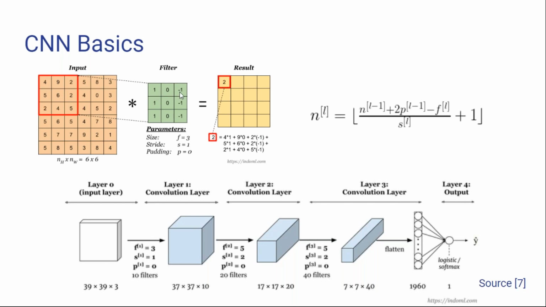So these are the filter values and these are the image pixel values. This is how the element wise multiplication is done, and they are summed up and put into this pixel. Okay, so there are many other details like the filter size, the number of filters, what stride to use, whether to do padding or not. All these things exist, but we will not go into those details now. So this is one simple convolution operation.